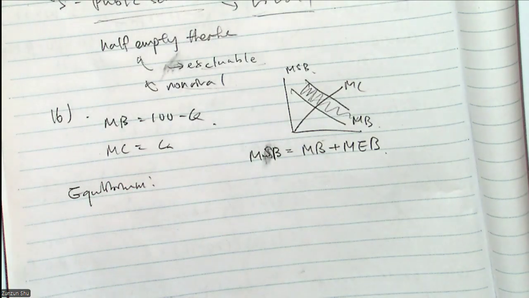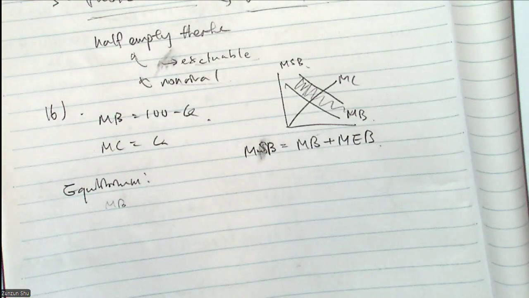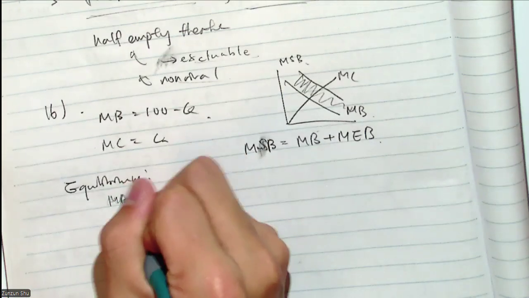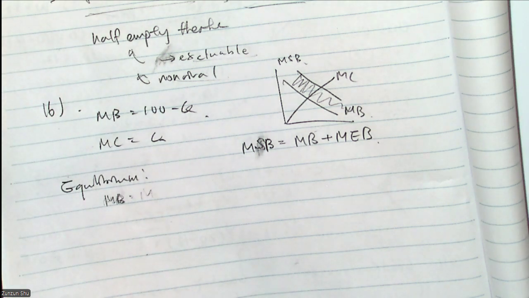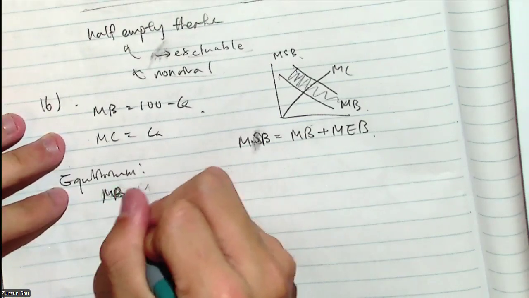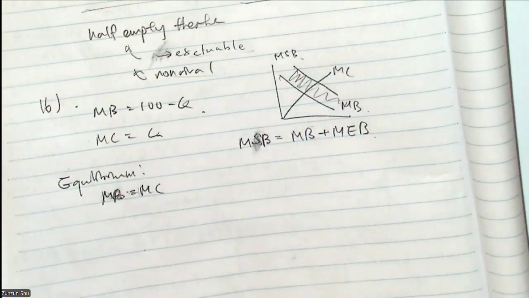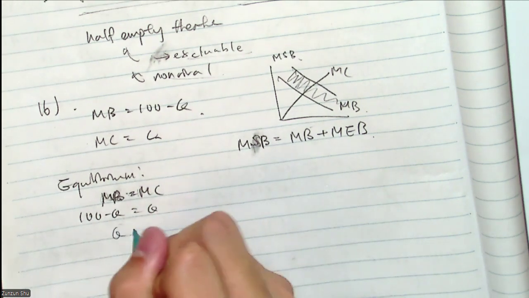you just plug it in. MB equals MC. So yeah, MB equals MC, and 100 minus Q equals Q, 2Q equals 100, Q is equal to 50.